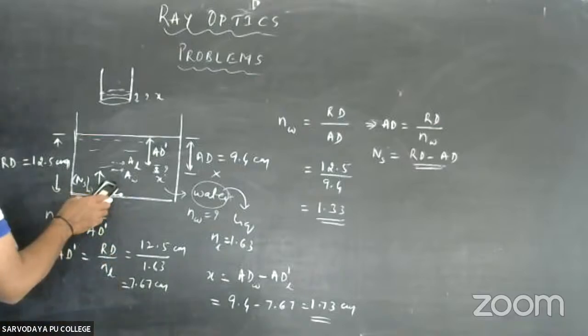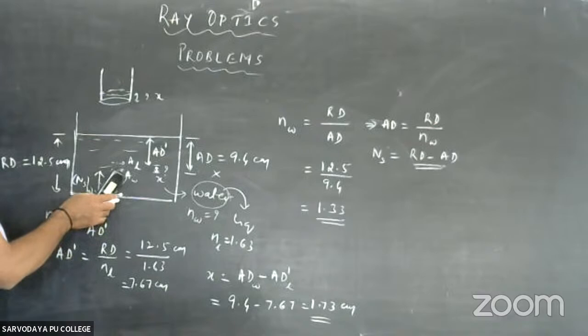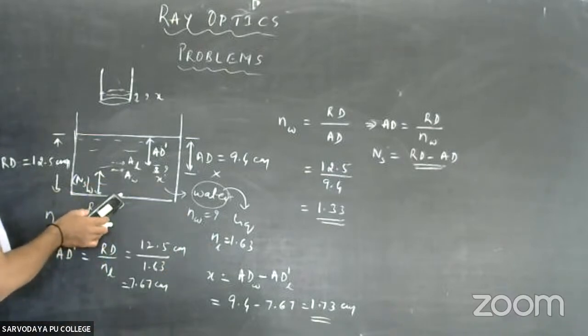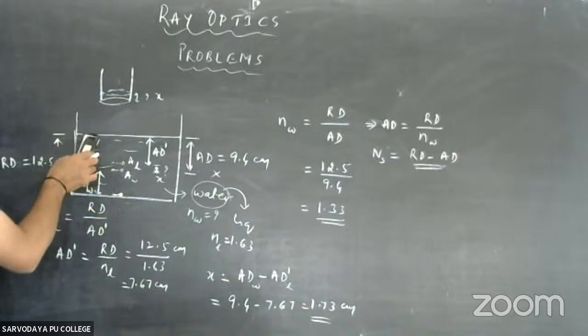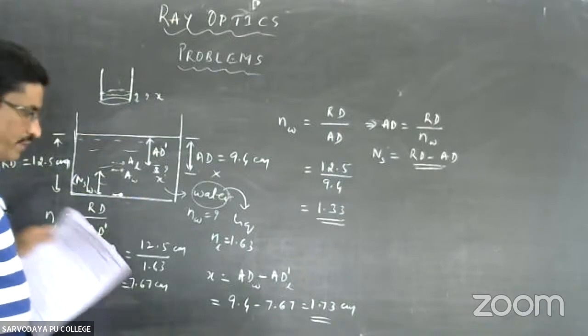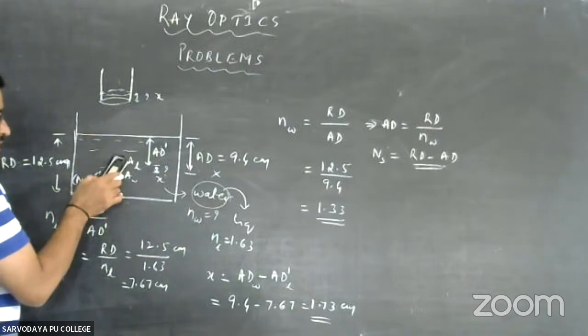First, we considered water. The pin which was there at the bottom appeared to be present here. Afterwards, we replaced water by some liquid of higher refractive index. The position of the object has not changed, the height also not changed. Therefore, real depth has not changed. Therefore, the apparent position will be definitely different. In fact, apparent depth for the higher refractive index has to be less.